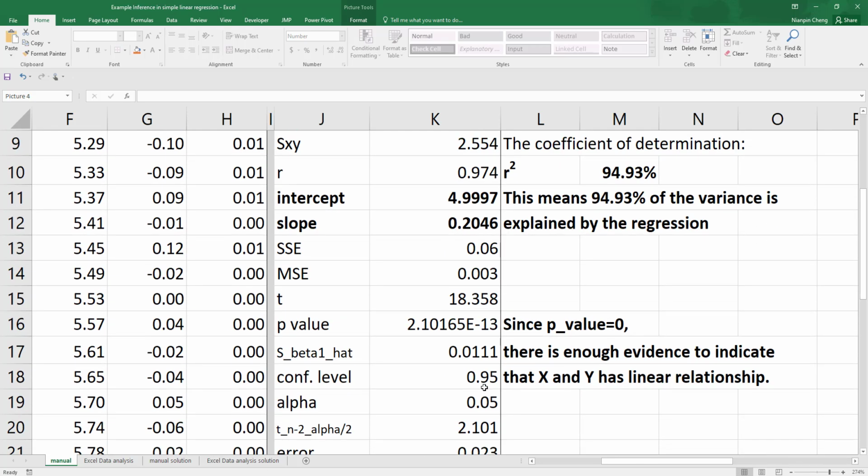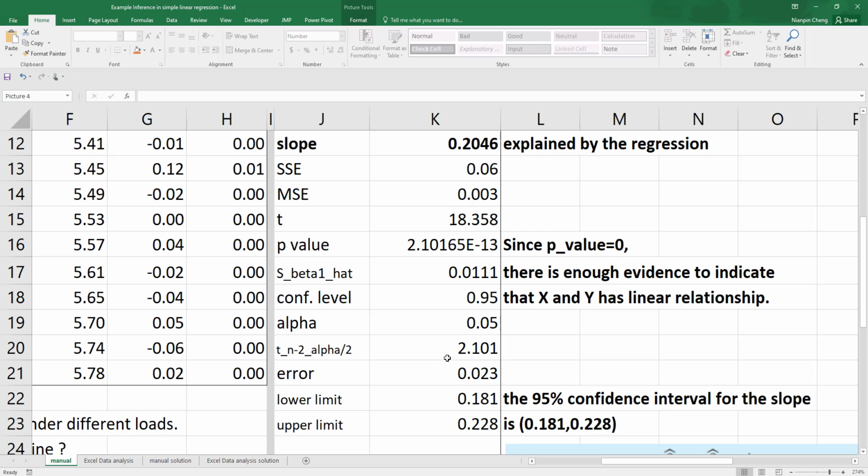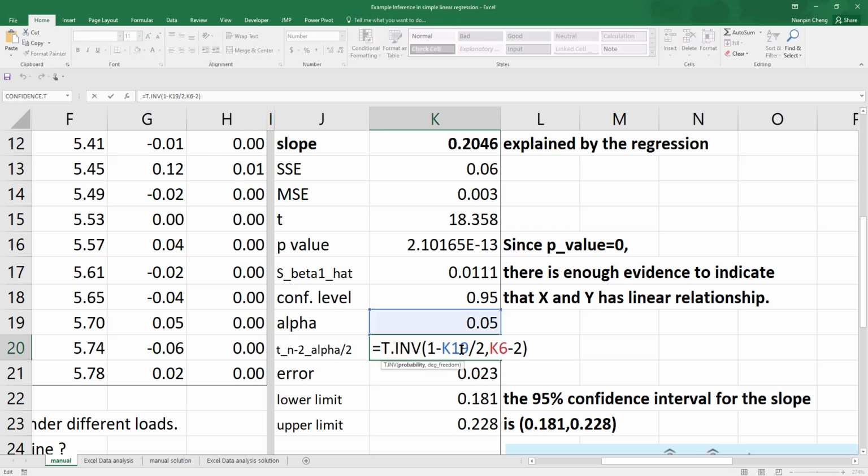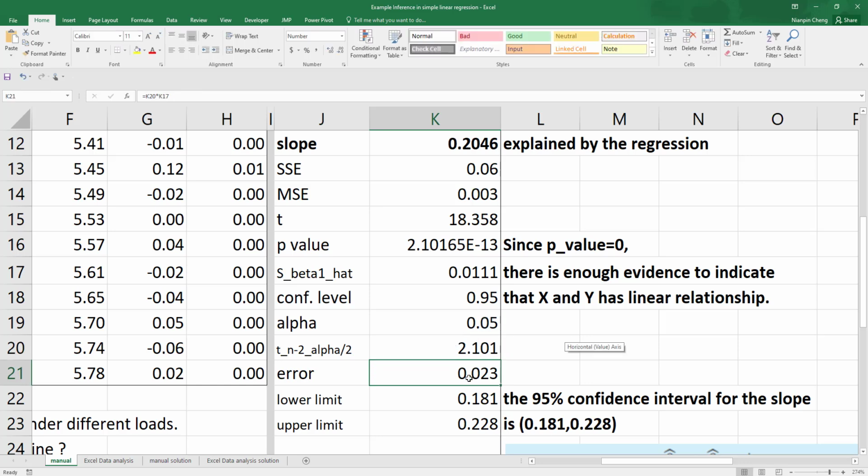So we follow what we learned before to find out the t-value based on alpha, and then we can calculate the standard deviation, the error part, the plus minus part. So we can find out the confidence interval.